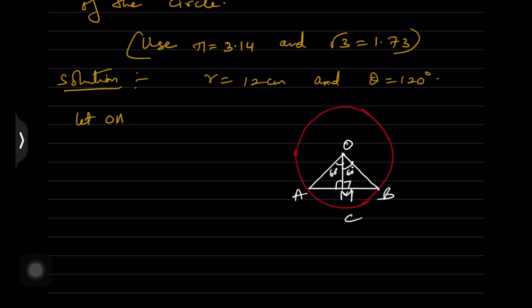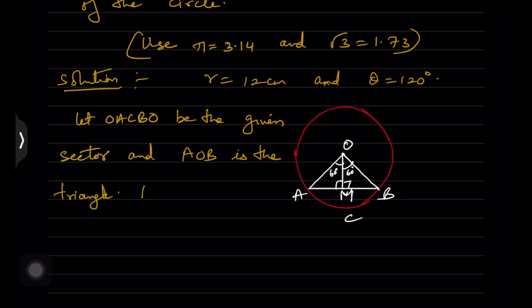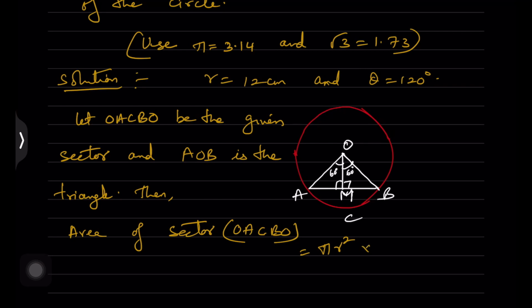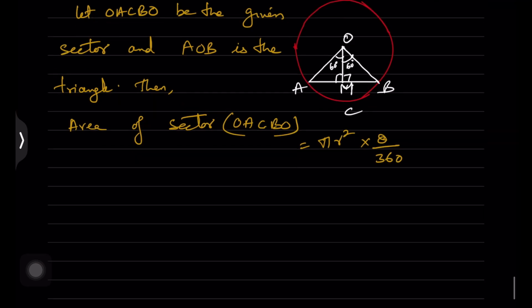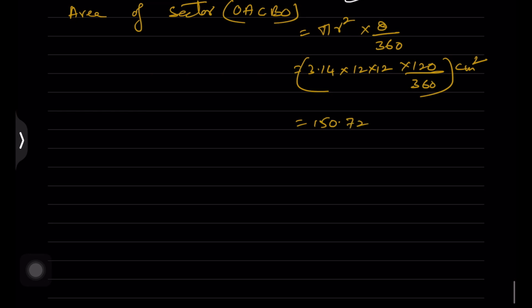So let OACBO be the given sector and AOB is the triangle, then area of sector OACBO is equal to pi r square into theta by 360, which is equal to 3.14 into 12 into 12 into 120 by 360 centimeter square, which is equal to 150.72 centimeter square.